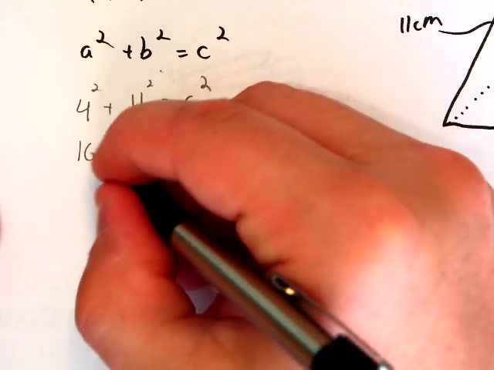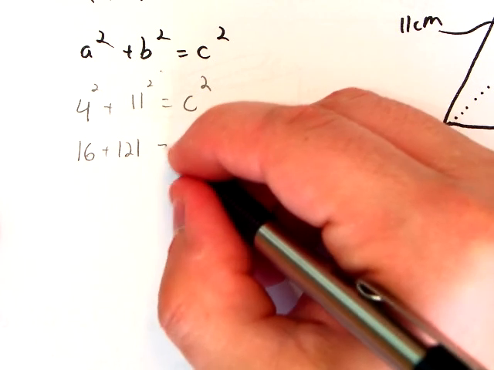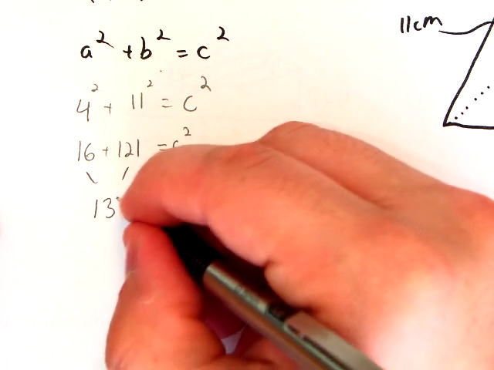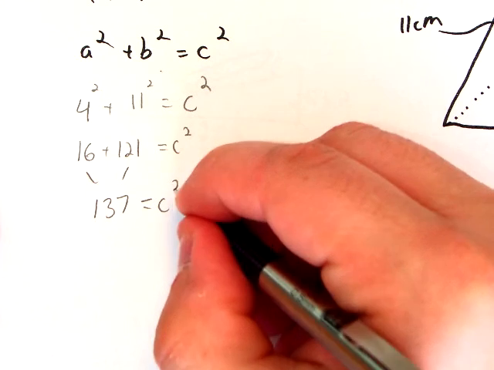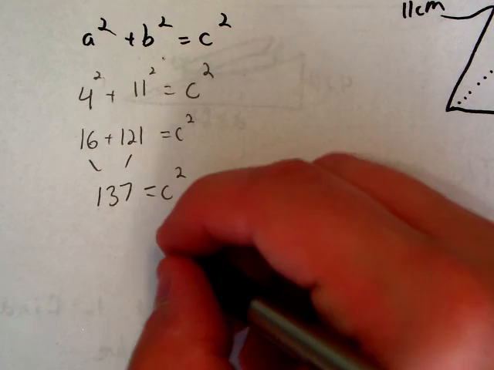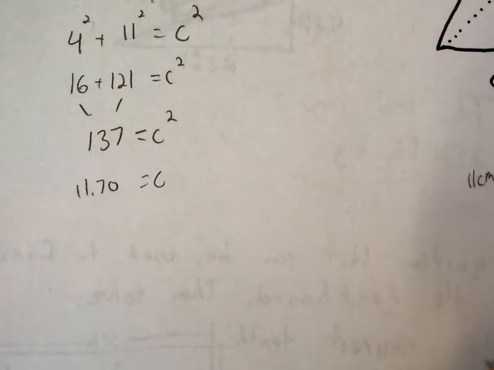4 squared is 16. 11 squared is 121. Combine those two, I get 137 equals C squared. Now again, here it says round to the nearest tenth. So the square root of 137 is 11.70.